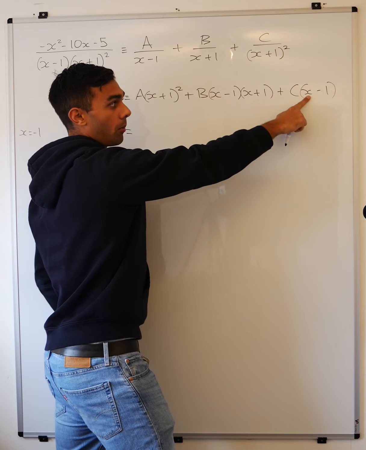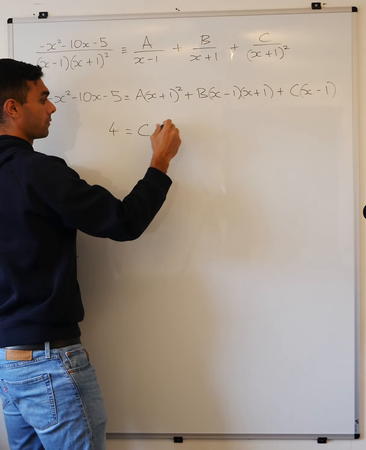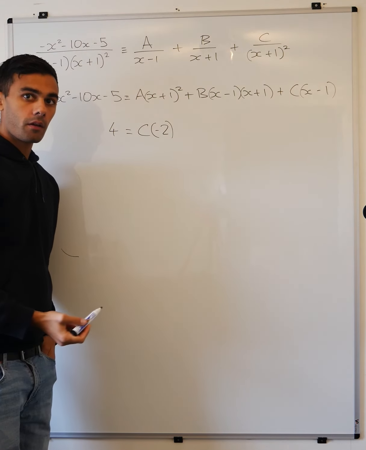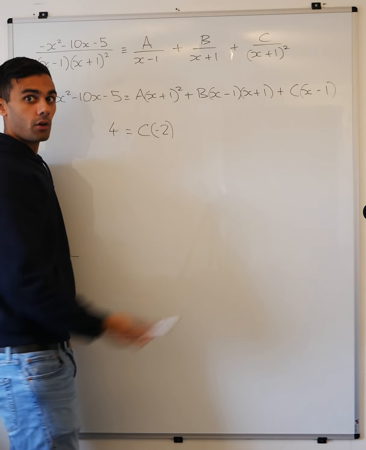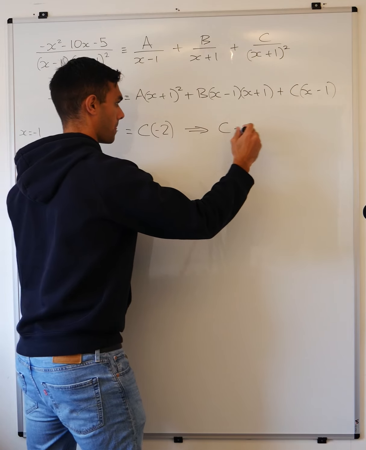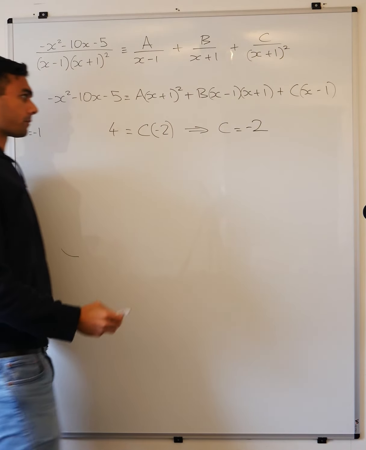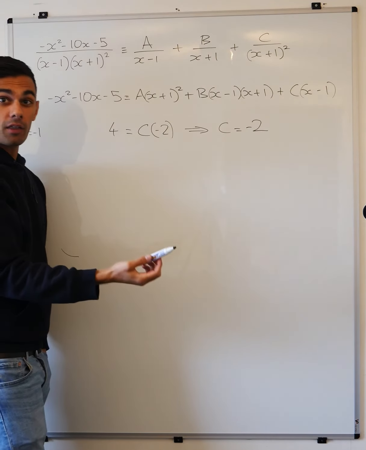And then right on the end, we've got -1 in there, that's going to be -2. So by making these brackets 0, we're left with one unknown and we can solve it to find C. Done.